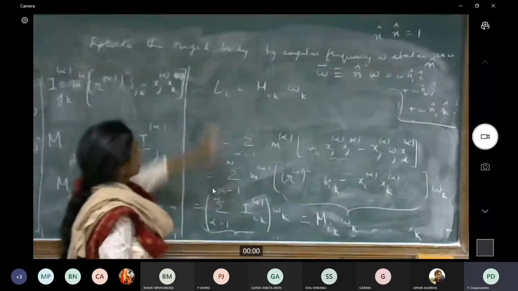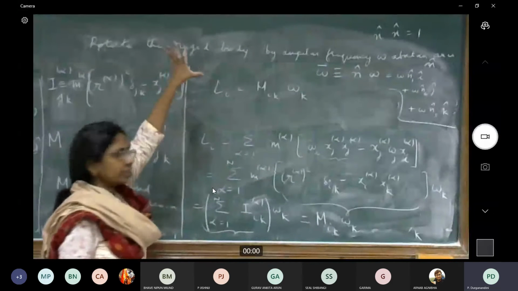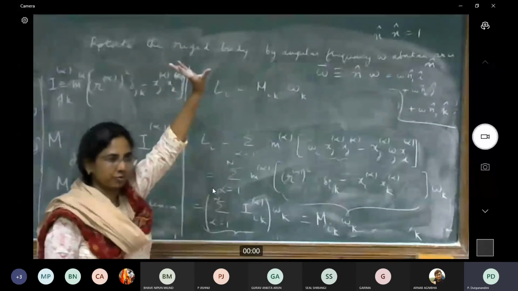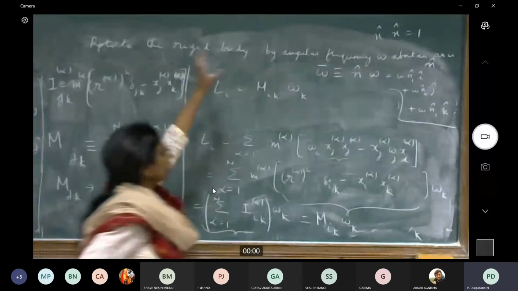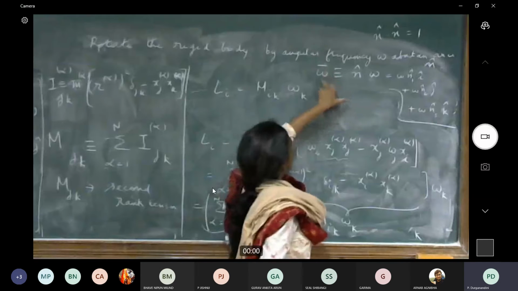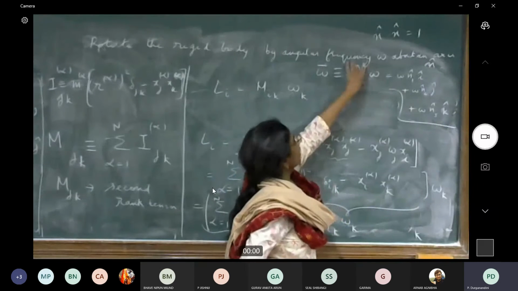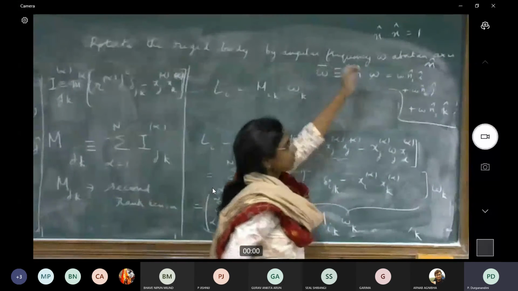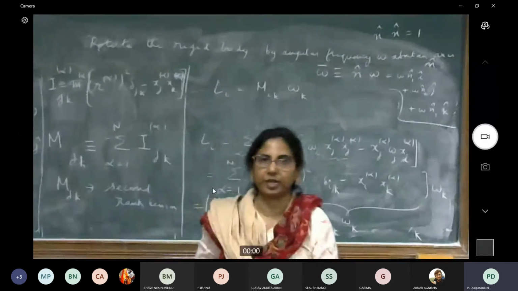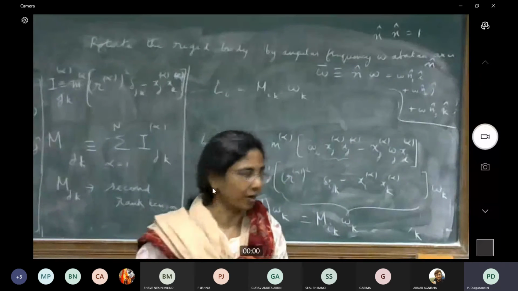Now you can see from here your angular momentum, we have already established, transforms like a tensor of rank 1. This vector omega is n cap omega, where omega is simply a scalar quantity and n cap is a unit vector. So the vector omega must transform like a tensor of rank 1.